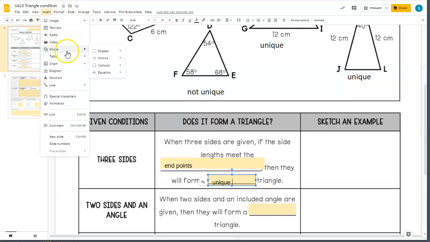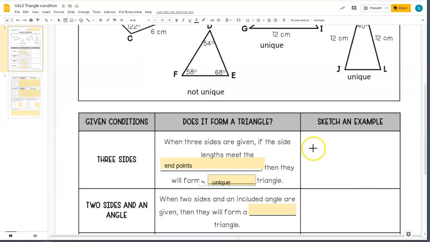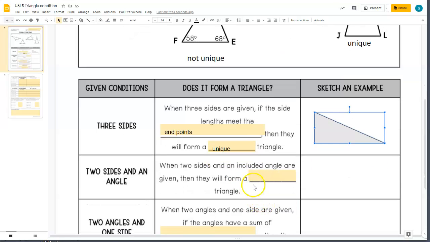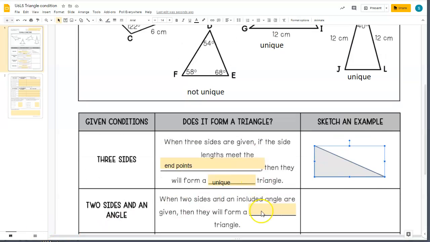Insert, shape, triangle. We'll do a right triangle. So if we know all three sides, there's only sort of one way to do that. When two sides and an angle are given, they will also form a unique triangle.